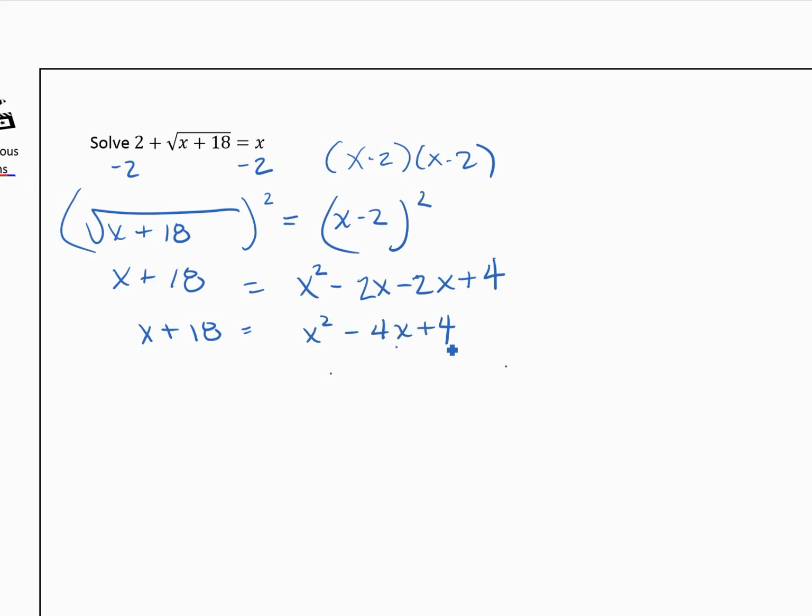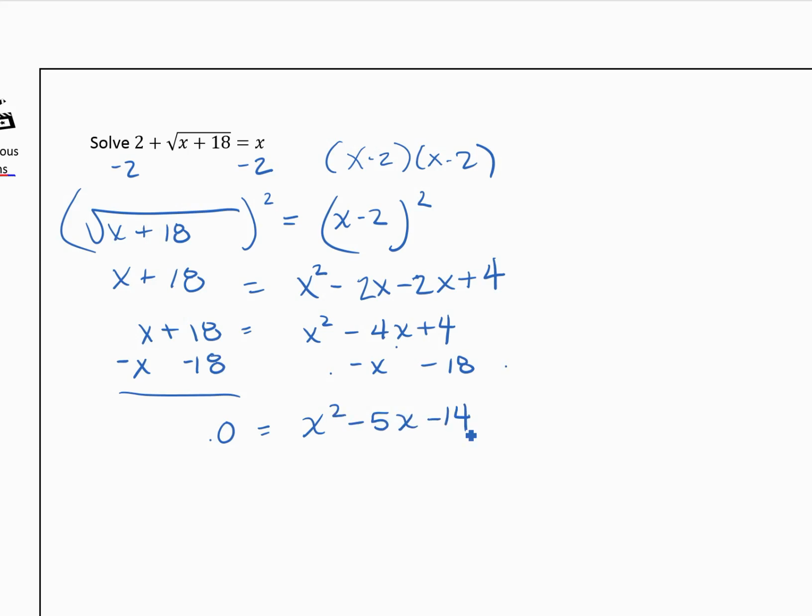Now, to solve a quadratic, we need to move everything over to the other side, so we're going to subtract x from both sides and subtract 18 from both sides. So we get 0 equals x squared minus 5x minus 14. Now it's in a situation where we could solve it using the quadratic formula, completing the square, factoring, all of those things.